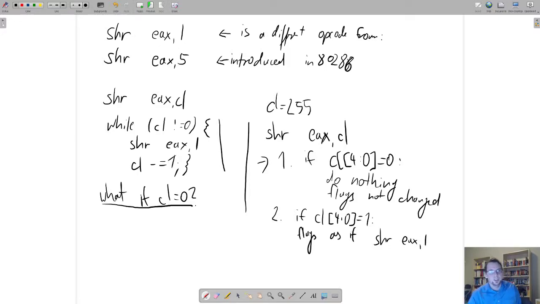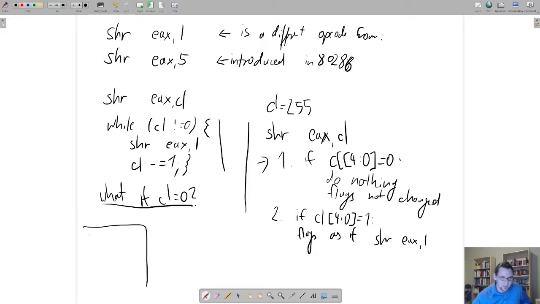I mentioned earlier that this form of the instruction, where you shift right by exactly 1, has a different encoding from this. You can use the second encoding with a count of 1, it turns out. But this is traditionally a different instruction and it has somewhat different semantics. If this count here is exactly 1, flags are set up in a specific way.